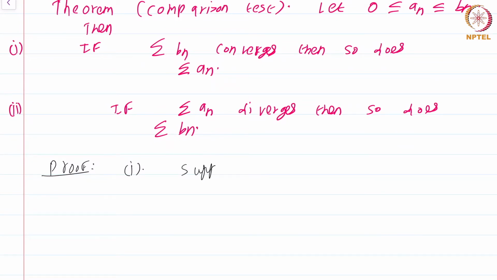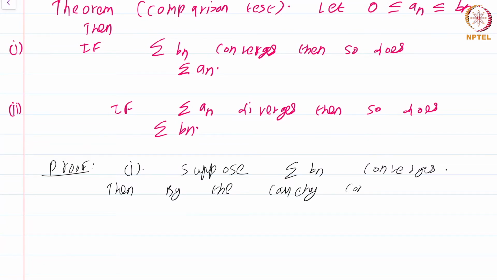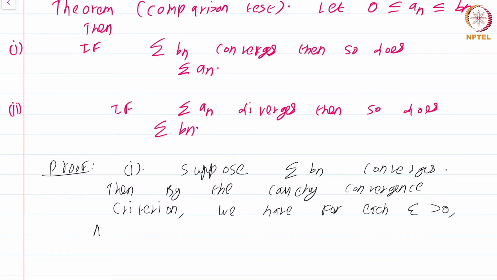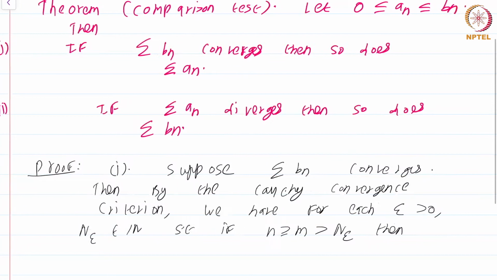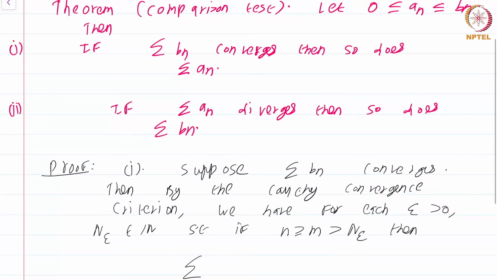Suppose summation b_n converges, then by the Cauchy convergence criterion, we have for each epsilon greater than 0, an N_epsilon in N such that if n is greater than or equal to m is greater than N_epsilon, then summation, modulus of b_j as j runs from m to n, this is less than epsilon.